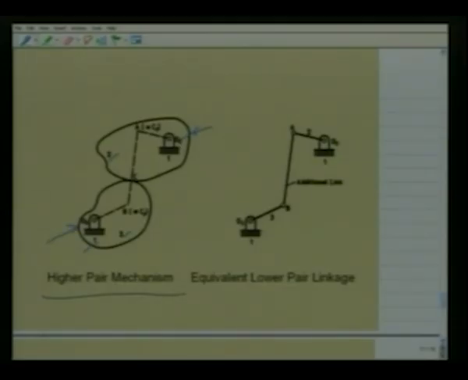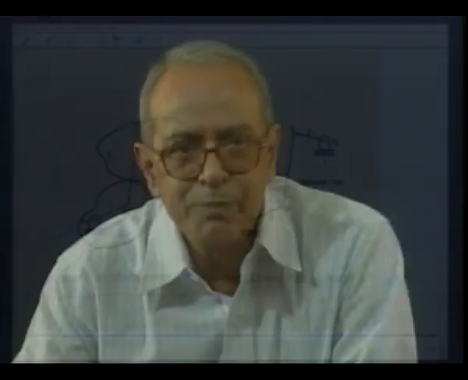But there is a higher pair at the point C between link number 2 and link number 3. Our objective is to replace this higher pair mechanism by a kinematically equivalent linkage consisting only of lower pairs. I repeat again that this equivalence is only instantaneous, that means true only for this particular configuration.